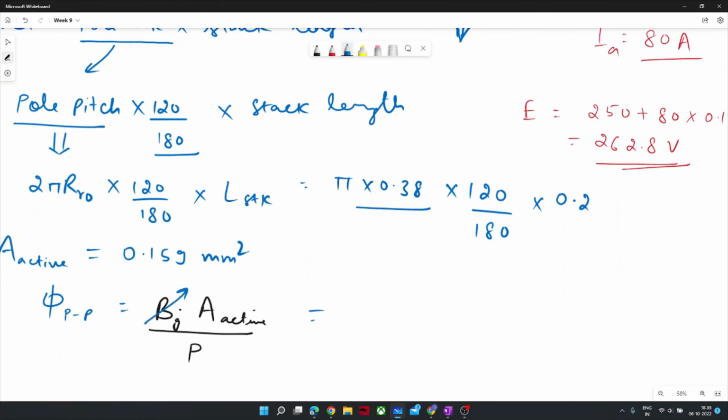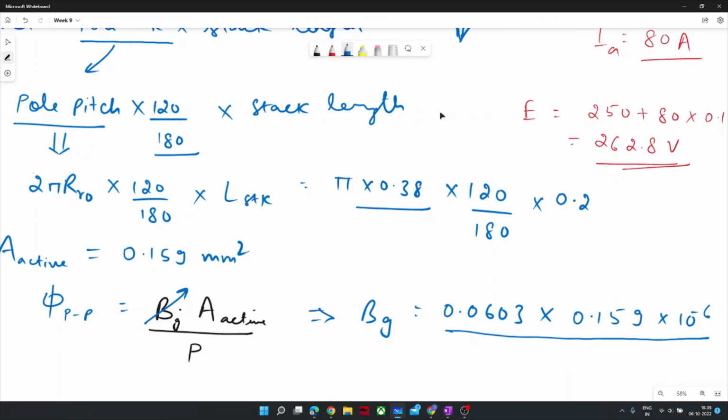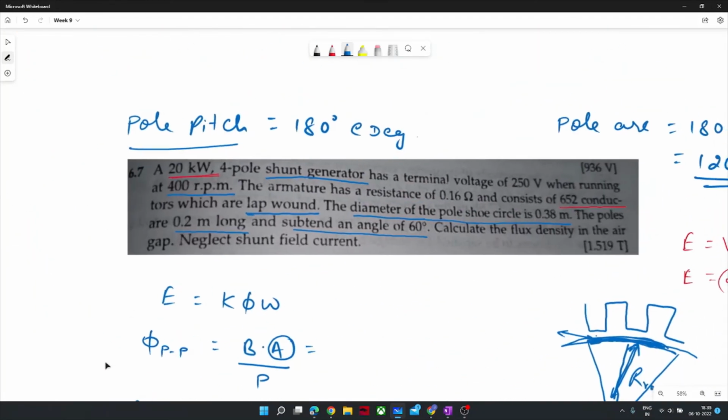So for BG, flux per pole we computed 0.0603 into active area, 0.159 meter square. To get the proper unit, mm square converted to meter square would be 10 raised to power minus 6, divided by the number of poles, which was given as 4 pole.